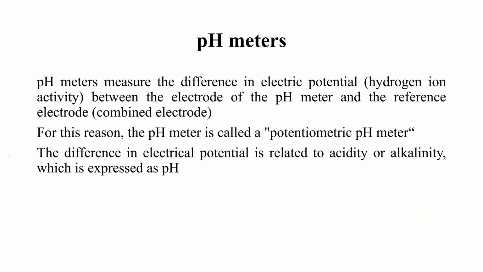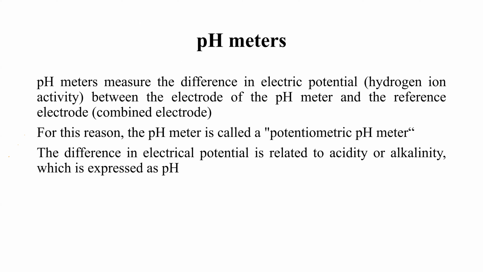Okay, the next important device is the pH meter. This pH meter uses electric potential for measurement of hydrogen ions in the environment.